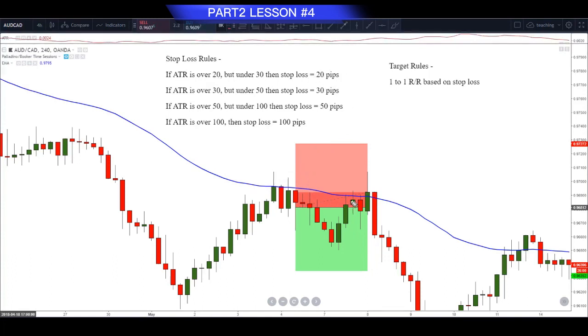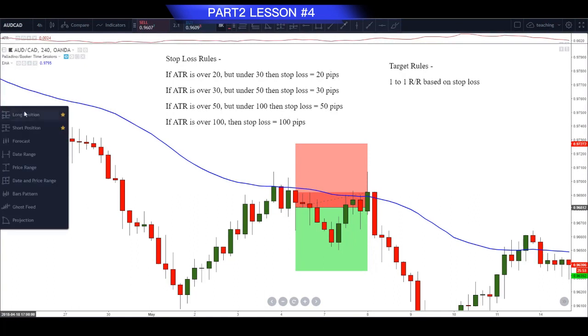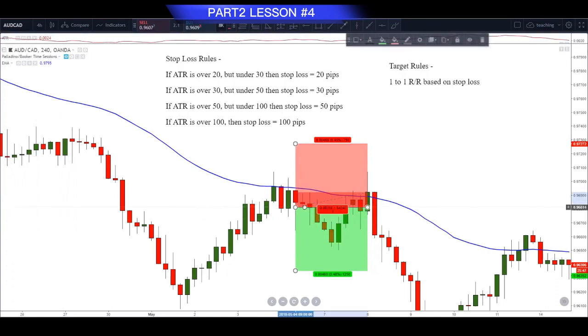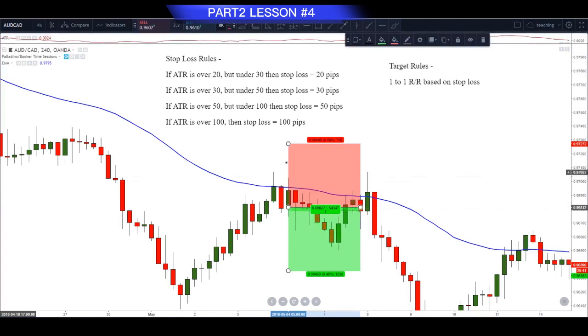So what do we do? We go ahead and put our position tool on here, which can be found in TradingView right here in this section to the left. Click that long position, short position. We would be using a short position, which I already have applied to the chart. So that short position tool we'd go ahead and place at the close of our candle if back testing, or if doing live trading, once that candle closed, we'd place that. We would go to the swing high with the stop loss tool, which is 26 pips.